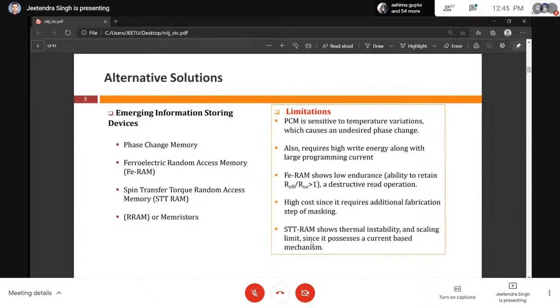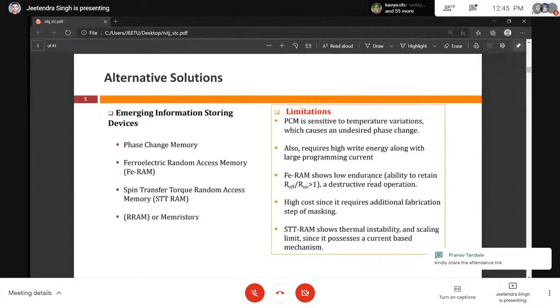But there are also certain limitations of FeRAM, as it shows low endurance. Low endurance means the ability to retain R off and R on greater than 1. Basically, endurance is the basic parameter of any memory device.